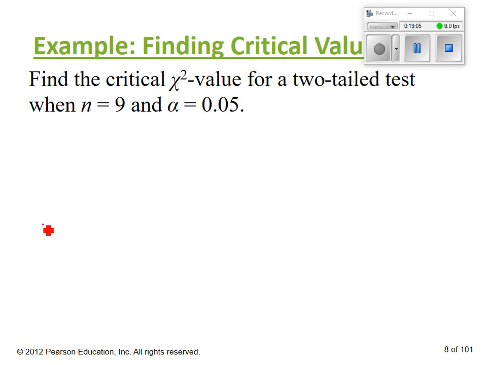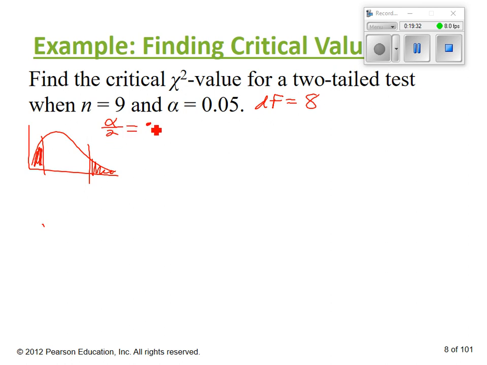Find critical values for a two-tail. This one's a little harder. Again, DF. What's DF if our N is 9? Now for our two-tailed, we're looking for this one, and this one. First thing we do is take our alpha and divide it by 2.